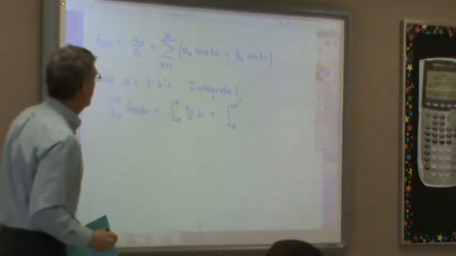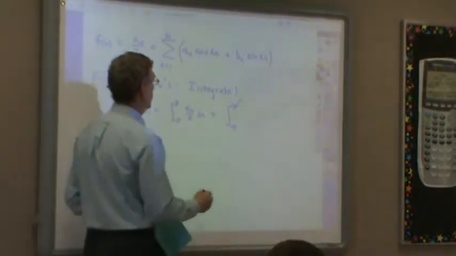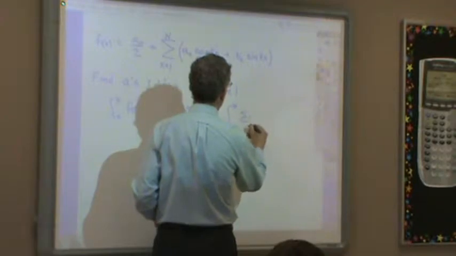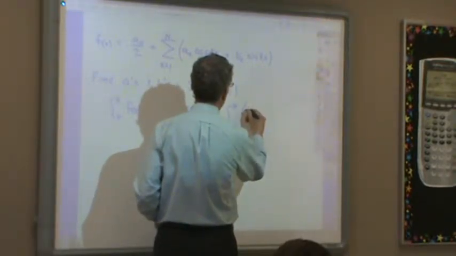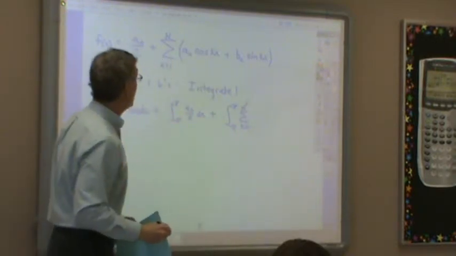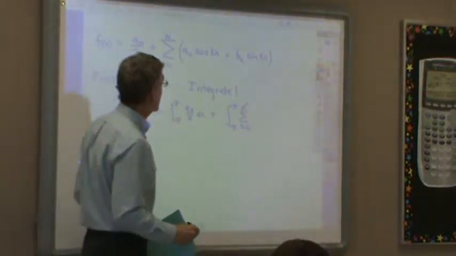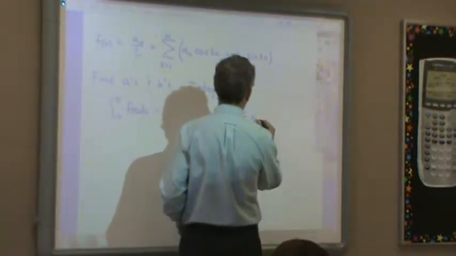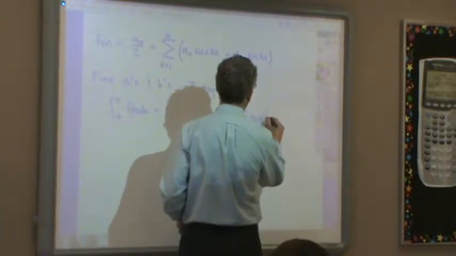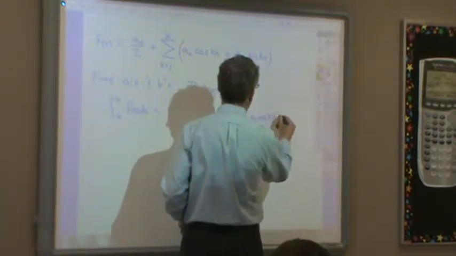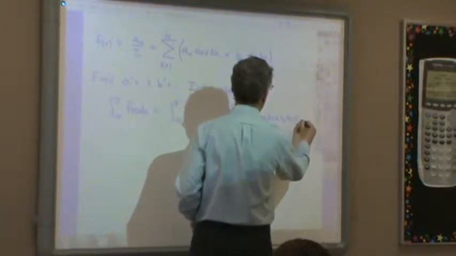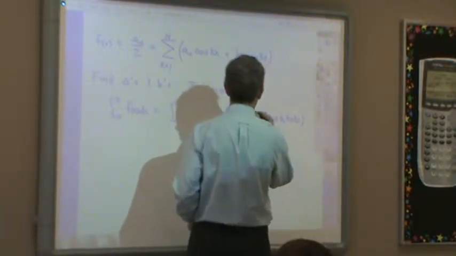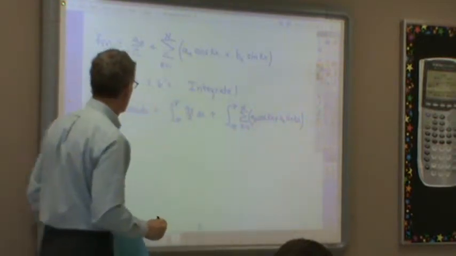We're going to integrate that sum, k equals 1 through n, of a_k cos kx plus b_k sine kx. Wow, that looks awful, doesn't it?